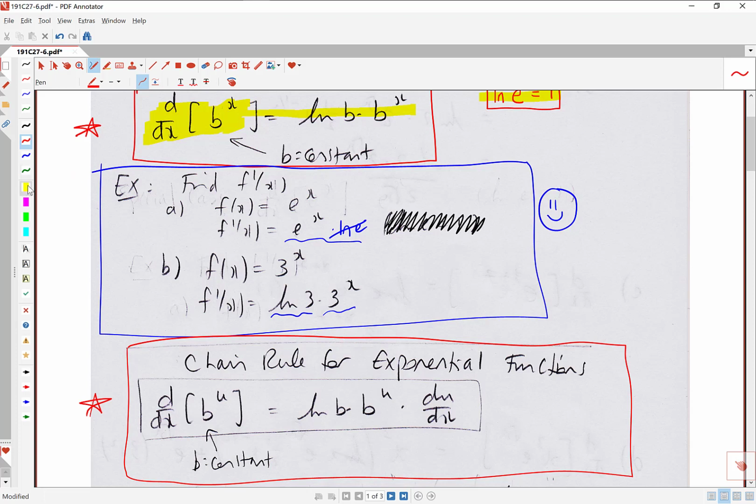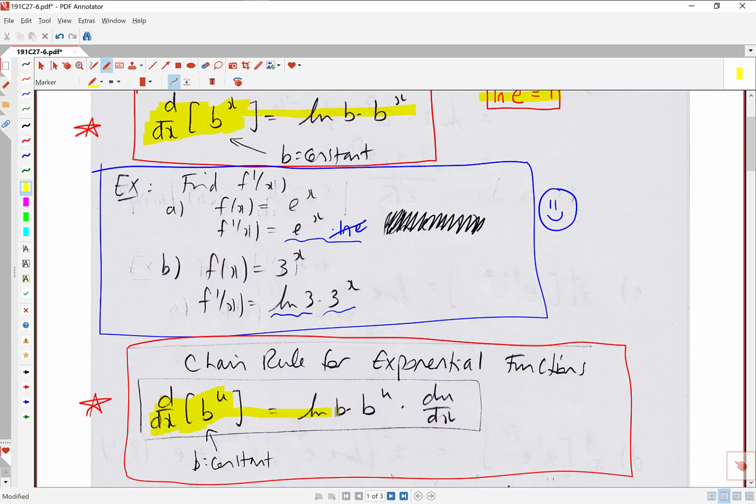So imagine that you have a function like b to the u, where b is just some constant and u here is some function of x. So this could be something like, say, 2 to the x squared, or e to the sine x. So you've got a constant base, and then your exponent somehow involves x. We want to figure out how to take the derivative of a function like that.